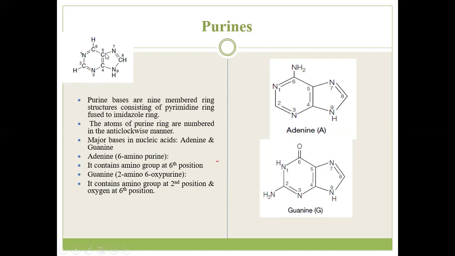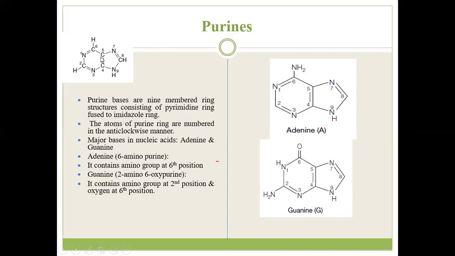When you look at this structure, you will see that this is a nine-member ring structure. It has what we call the pyrimidine ring, which is this aromatic ring. And attached to the aromatic ring, we have this, which is called the imidazole ring. So the pyrimidine ring is fused to the imidazole ring to form purine.